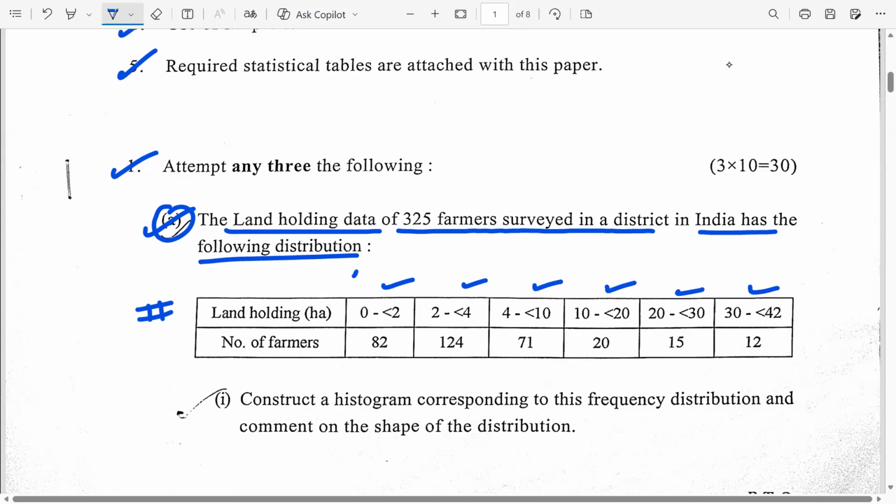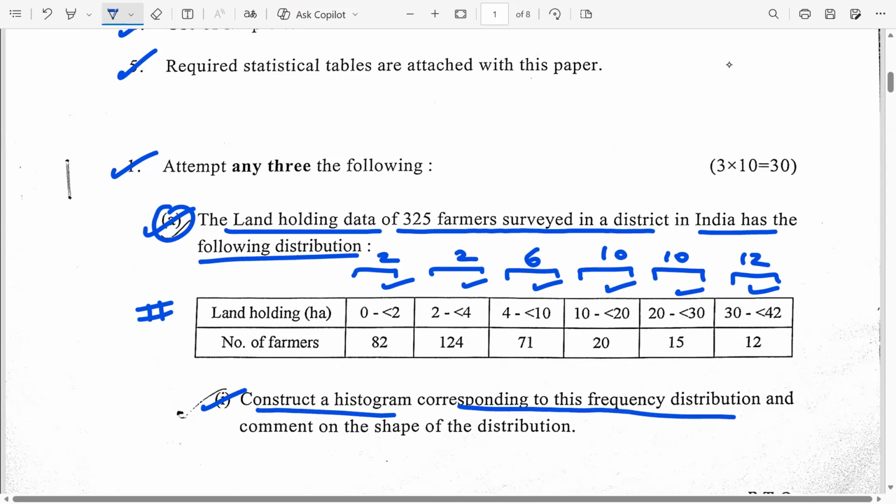The class sizes are 2, 2, 6, 10, 10, and 12. For each class interval, we are given the number of farmers who hold that much land. Construct a histogram corresponding to this frequency distribution. Comment on the shape of the distribution.